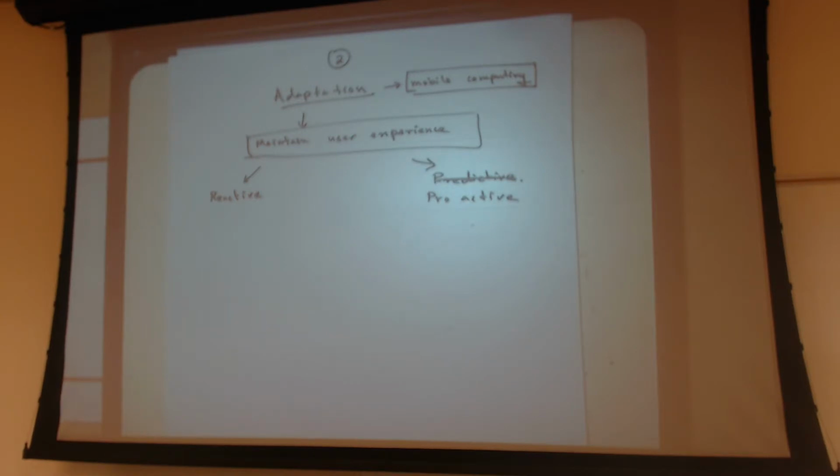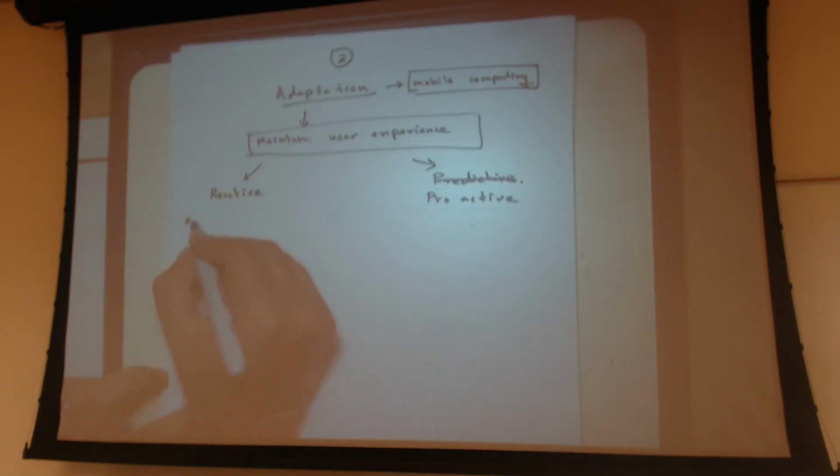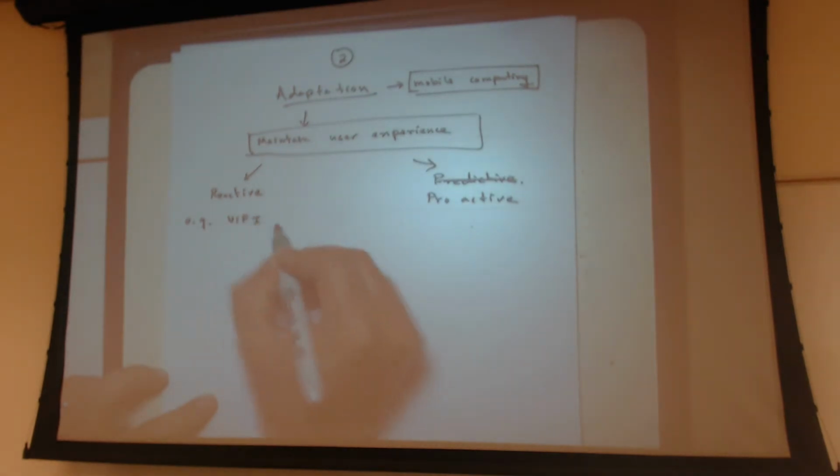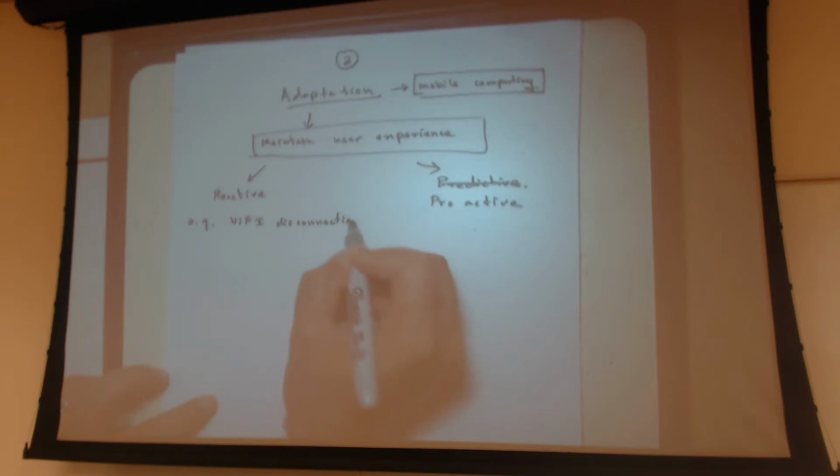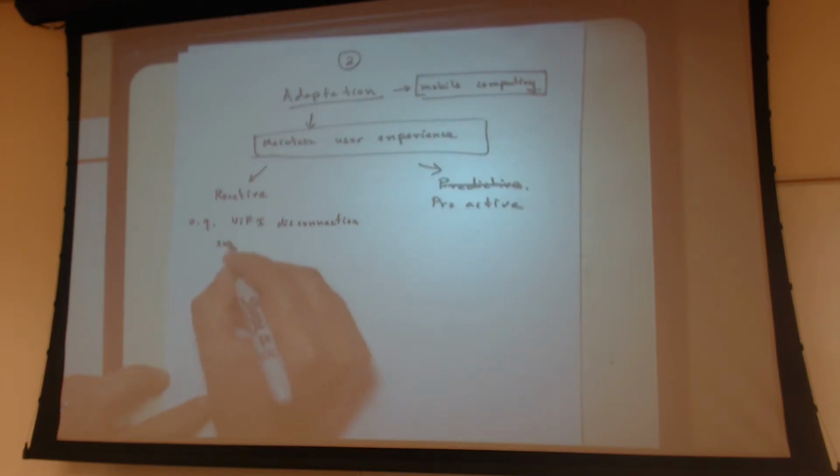Now, for each of the reactive and proactive adaptation, let's first write down the example. So the first example is Wi-Fi disconnection, and then switch to 4G.